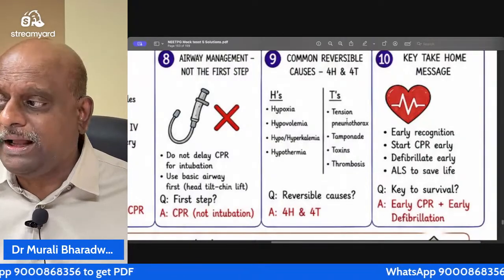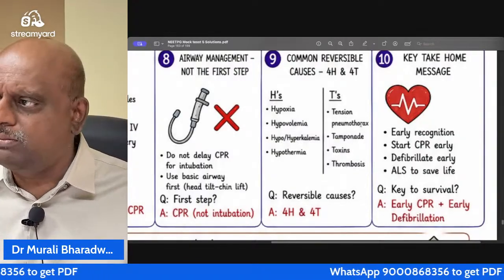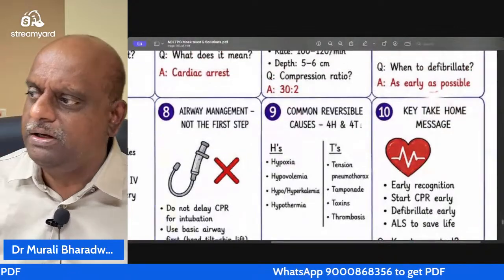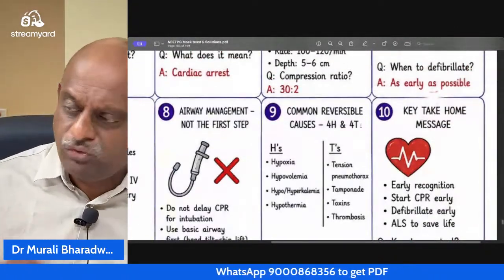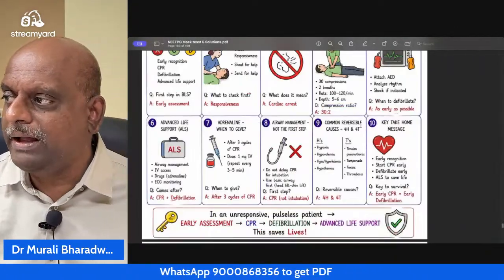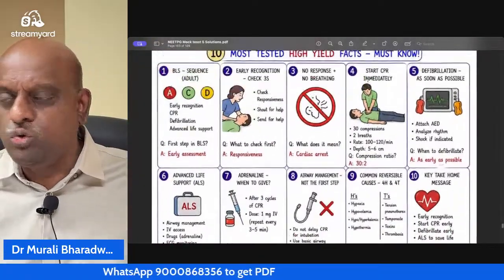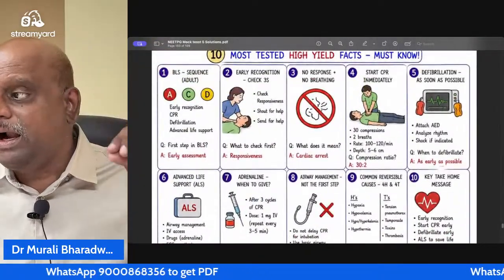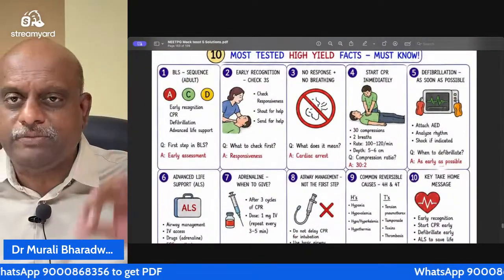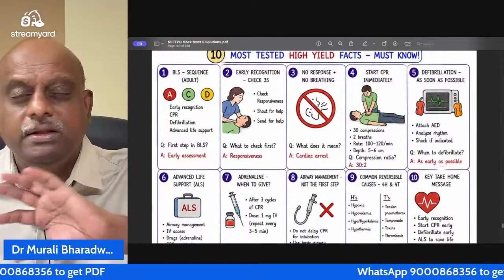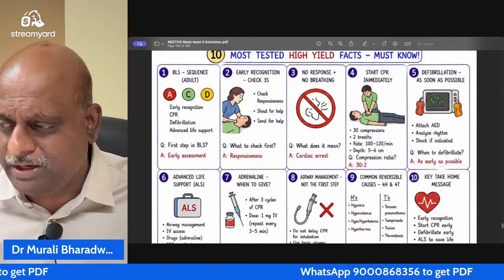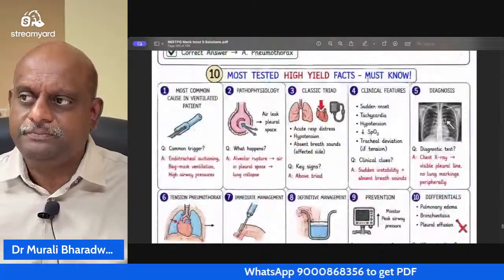Similarly, tension pneumothorax, tamponade, toxins, and thrombosis, the common reversible causes, 4H and 4Ts, you need to remember. So 30 compressions, 2 breaths, rate of 100 to 120 per minute, and depth is 5 to 6 centimeters. These are all favorite questions of the examiner, doctor, for tomorrow's NEET PG.